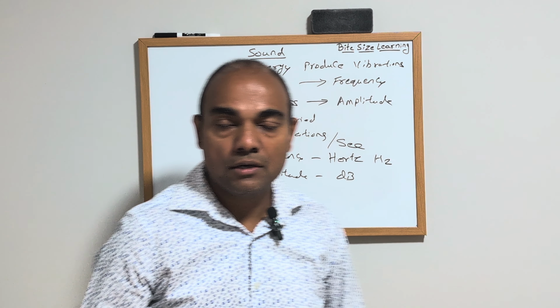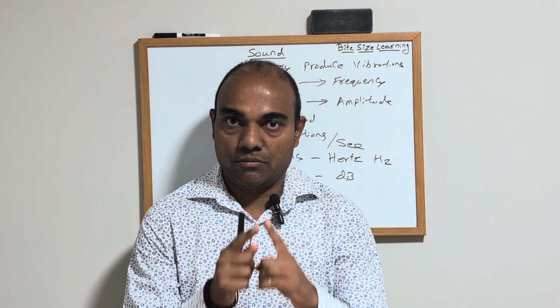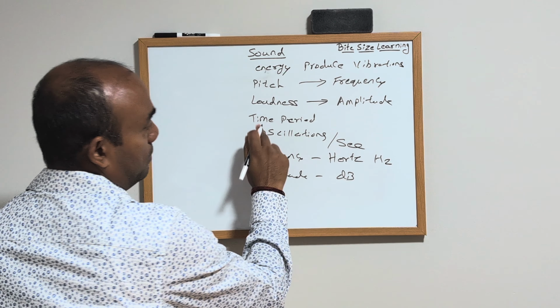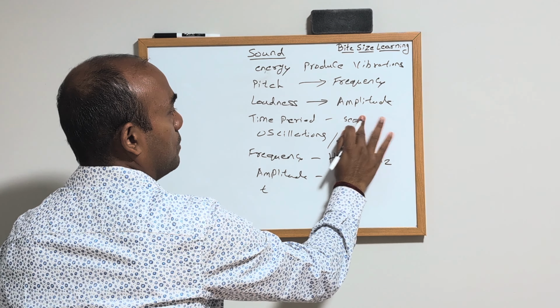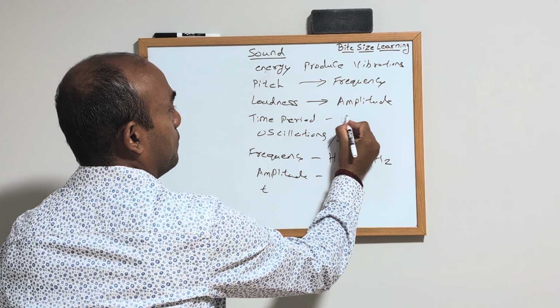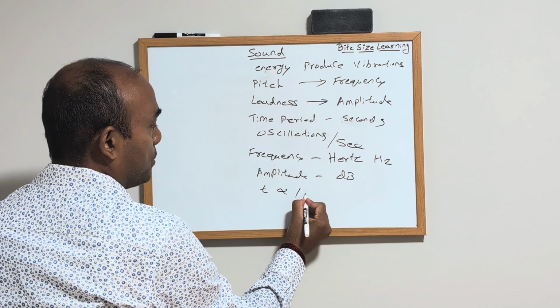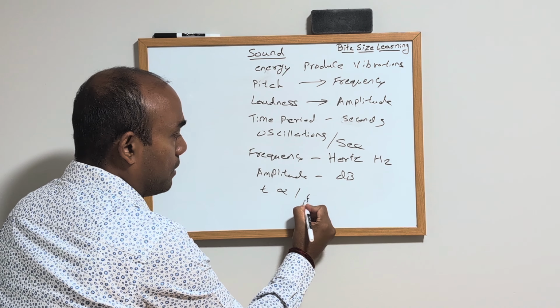And what is the time period? The time period is the time taken to complete one oscillation, right? The unit of time is seconds. Time period is inversely proportional to frequency. What does that mean?